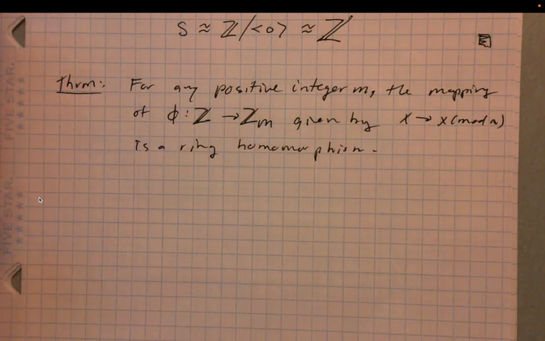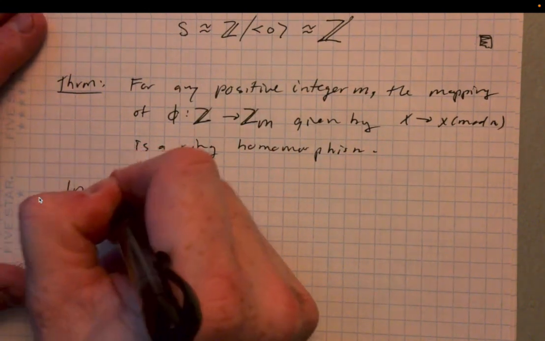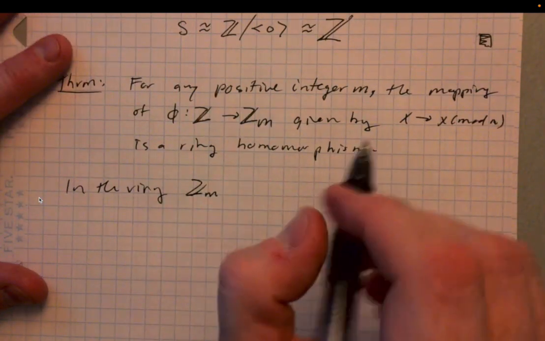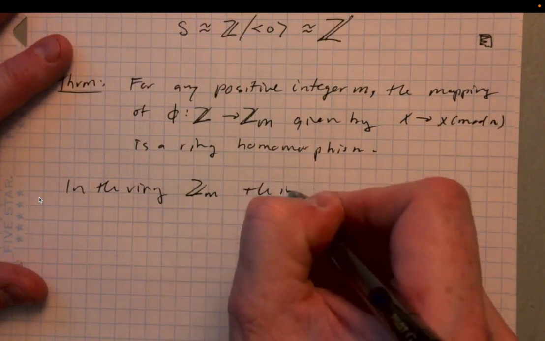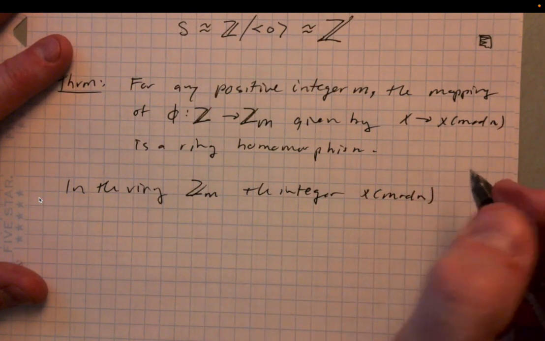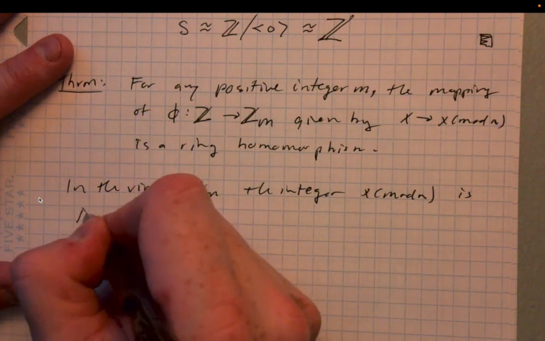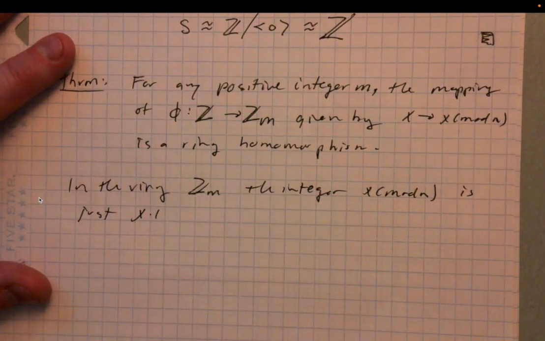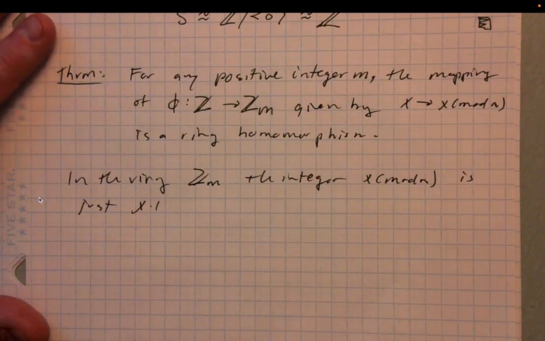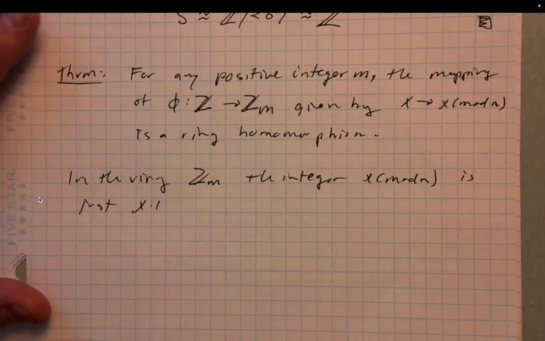So we're not going to write the proof, but you can think of it like this. In the ring Zm, the integer x mod m is just x times 1, right? That's all it is. It's the same idea as what we had in that utility theorem.